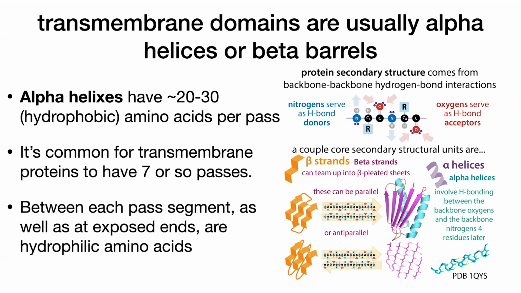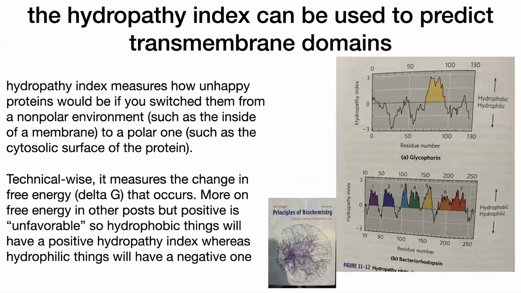Often membrane proteins have about 7 or so passes, and between each of those passes is going to be one of those hydrophilic parts that can then hang out on the outside, so you're able to change direction. As well as you might have hydrophilic parts on the ends, where you have the C and the N terminus in contact with the watery environment.